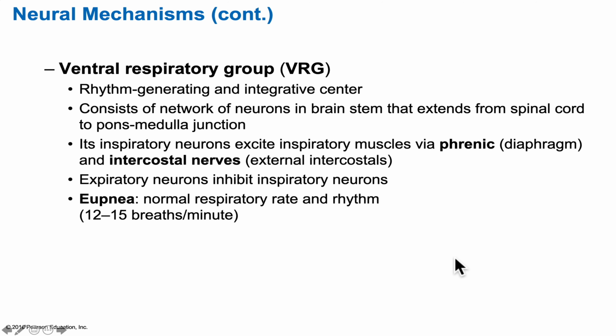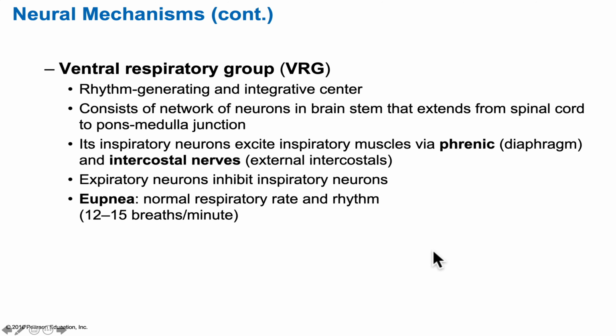The ventral respiratory group appears to be a rhythm generating and integrative center. It contains groups of neurons that fire during inspiration and others that fire during expiration.